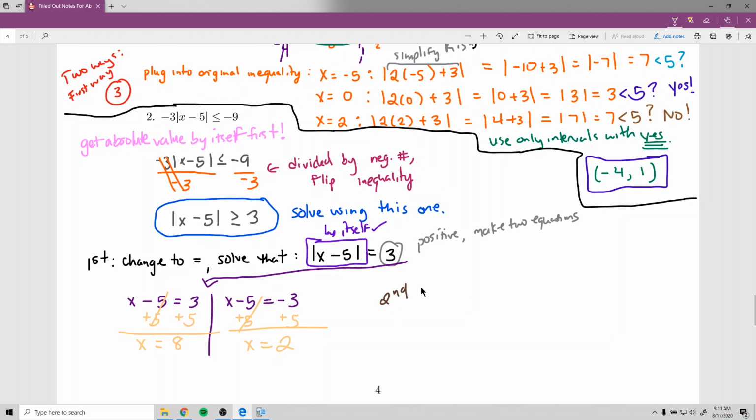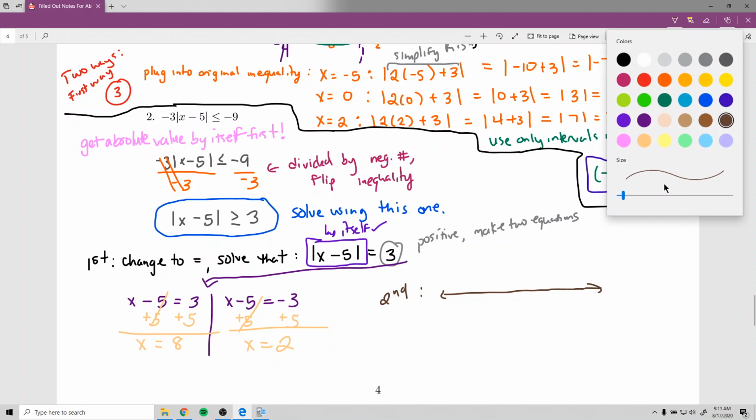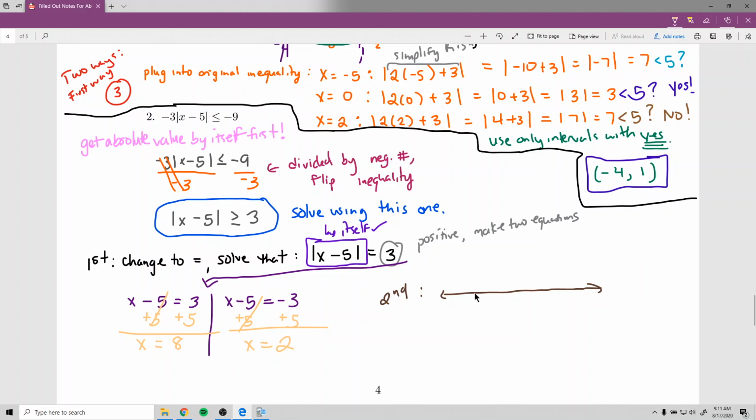Right, then the second thing we do is we make our number line. So we find our numbers and make our number line. Mark off our 2 and our 8, which are the dividing lines like we had before.